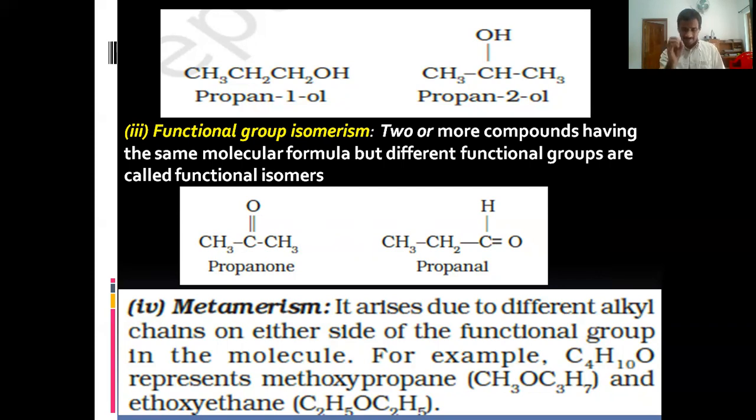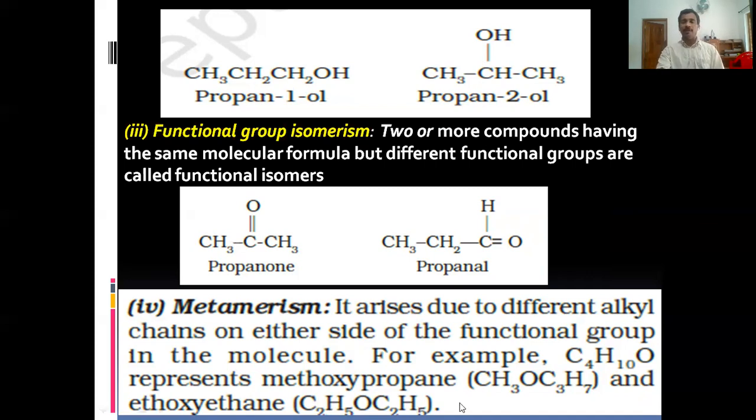These metamers differ in the number of carbon atoms on either side of the functional group. Their molecular formulas are the same. An example is given here, C4H10O, that is the molecular formula. The first compound is methoxypropane, CH3O C3H7, and the second compound is ethoxyethane, C2H5O C2H5.